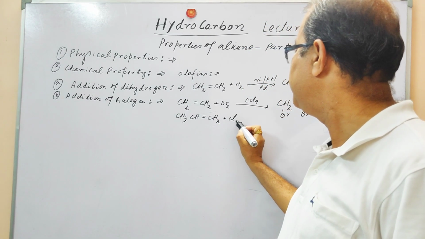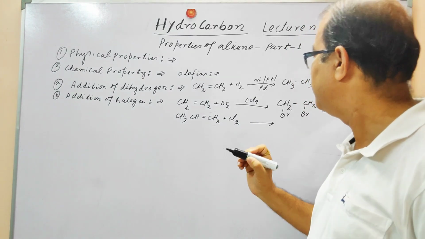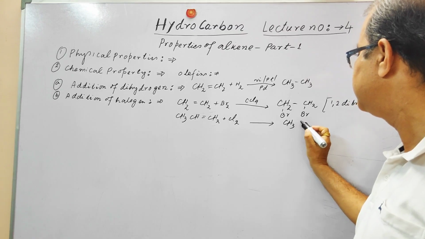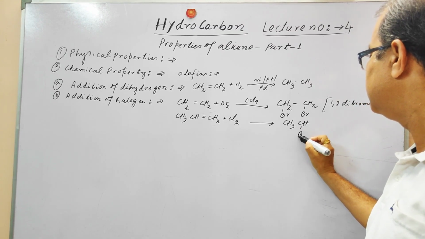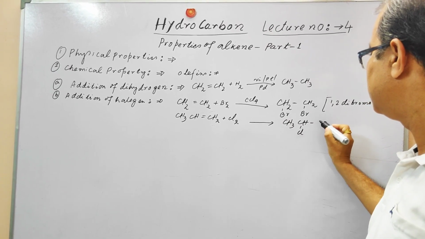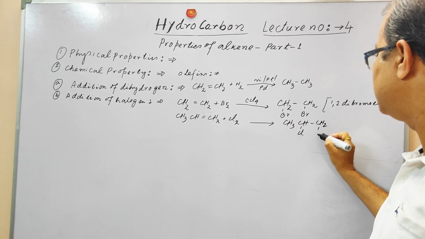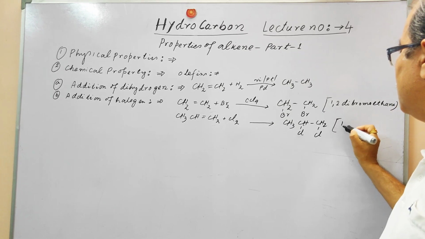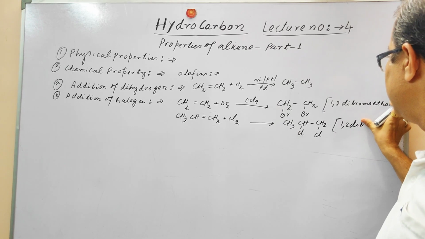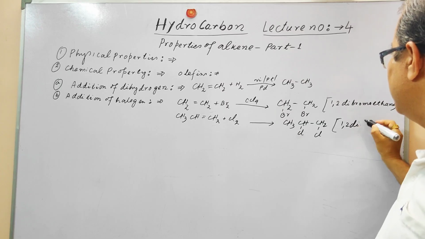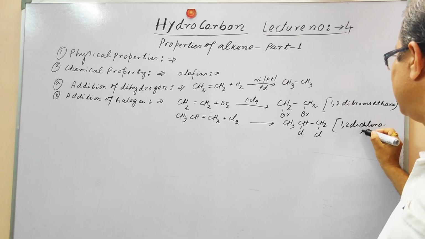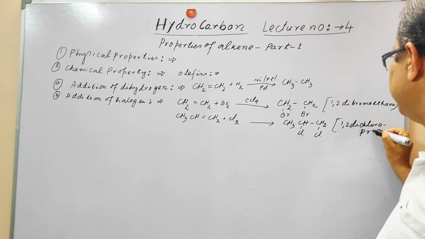In this way, you can also have this reaction with chlorine, and it is also going to form dihalides. This is 1,2-dichloropropane.